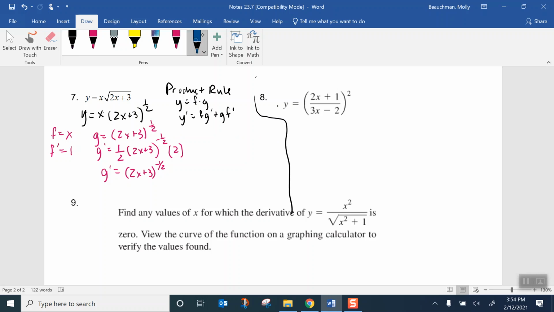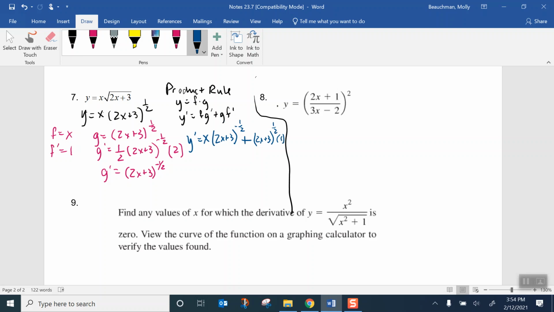So now the derivative is going to equal f, which is x, times g prime, which is (2x + 3) to the power of negative 1/2, plus g, which is (2x + 3) to the power of 1/2, times f prime, which is 1.